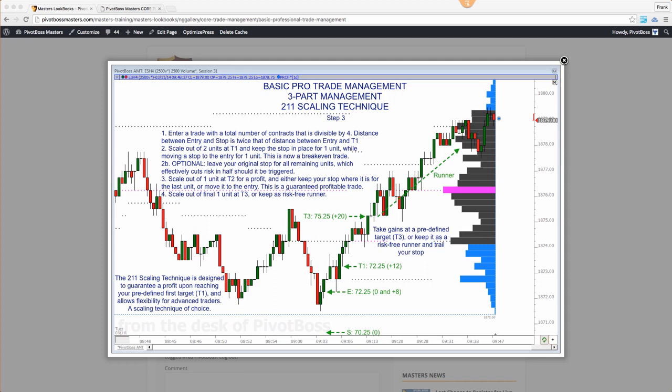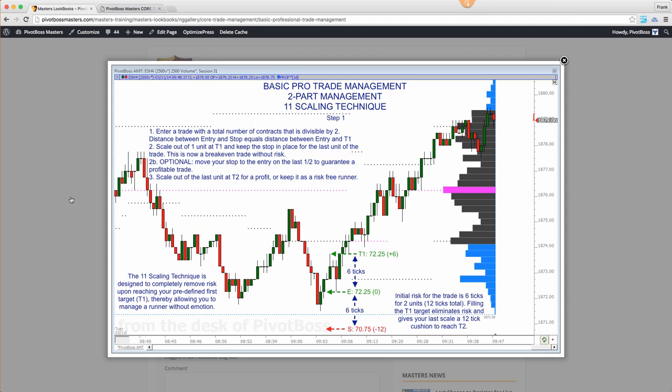Remember we talked about advancing the base runner, and that's one of those concepts, where basically you've scaled out up here, you've made money along the way, and now this last quarter position up here can just run off because you've already made money along the way. And as you progress throughout the trade, you'll continue to move a max stop up. But in this case, you just leave a runner on, and that's working back toward T4 perhaps, or just as a runner in general.